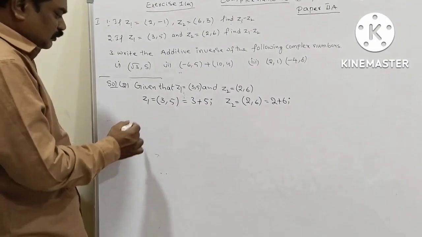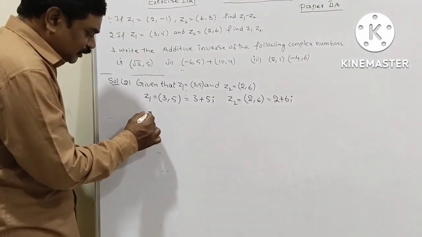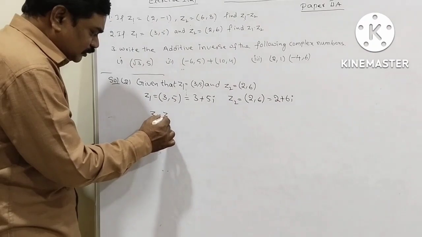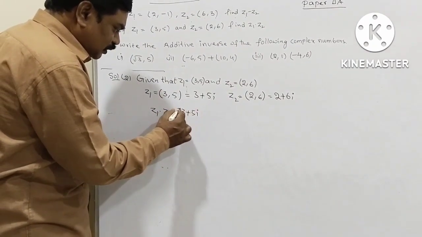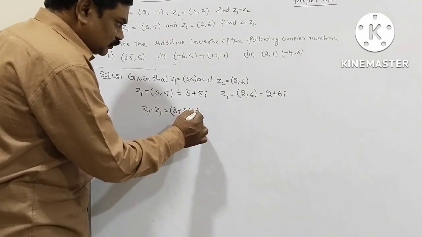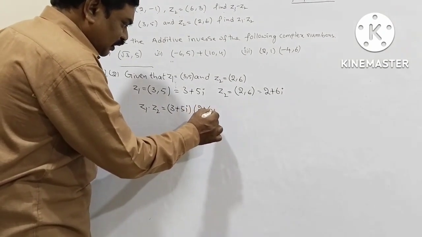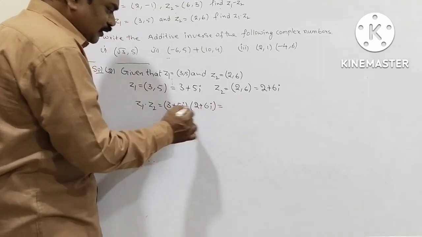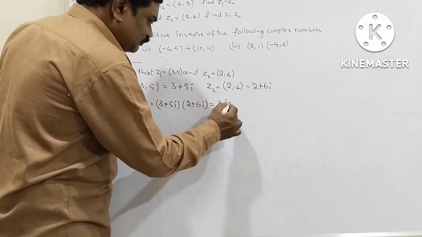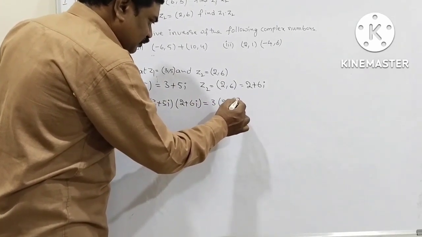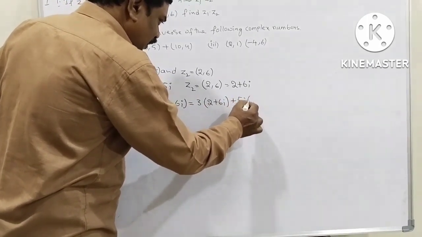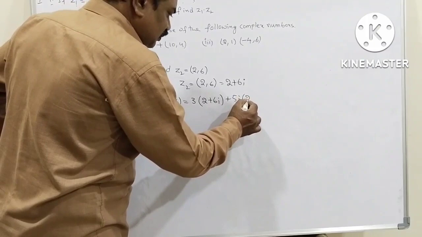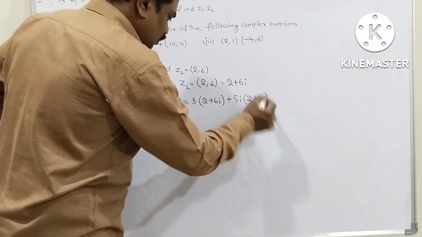What we want to find is Z1 into Z2, which is 3 plus 5i into 2 plus 6i. It can be written as 3 of (2 plus 6i) plus 5i of (2 plus 6i).